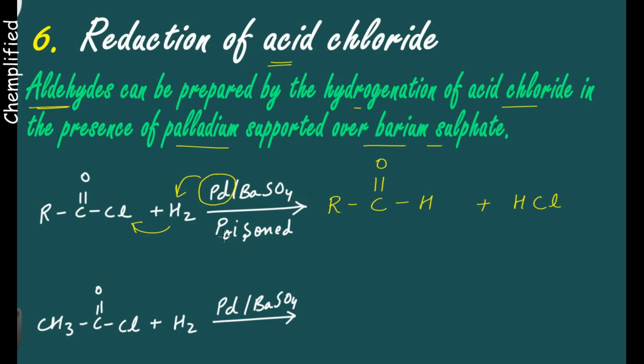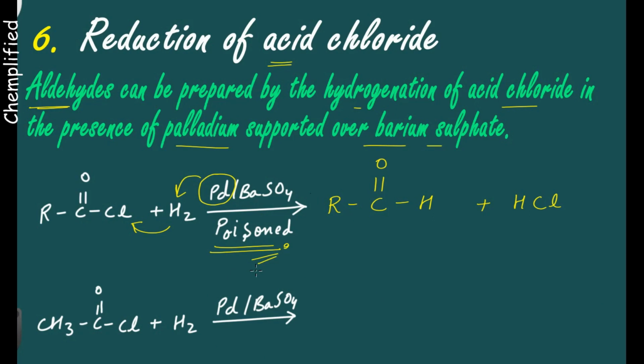Now why have they written poisoned in this place? Because palladium in presence of H2 is a strong reducing agent. It can reduce the aldehyde further. I repeat, it can reduce the aldehyde further and convert it to alcohols.